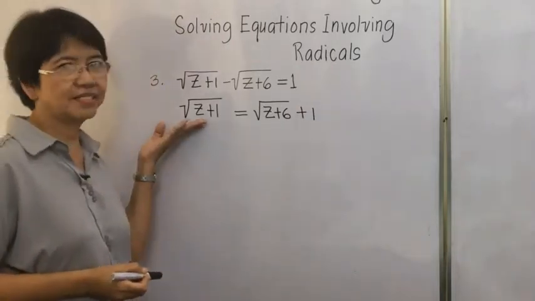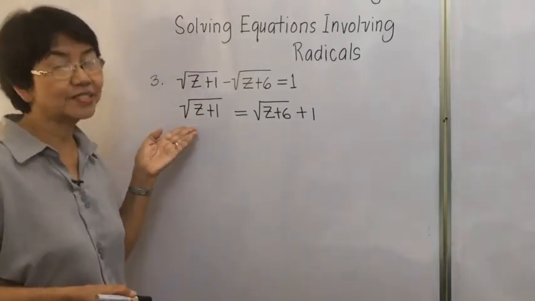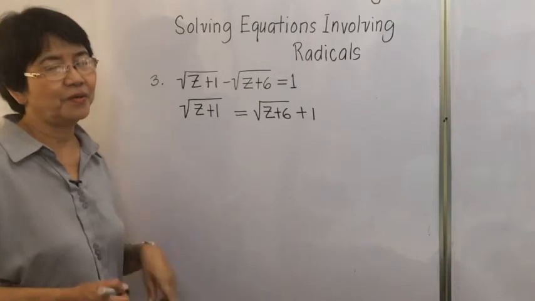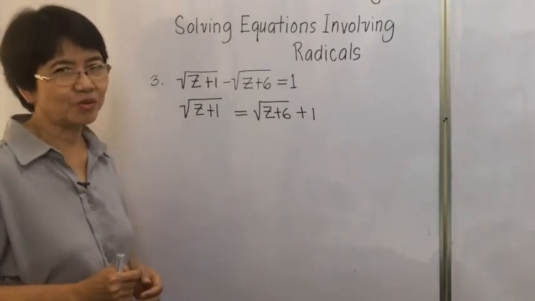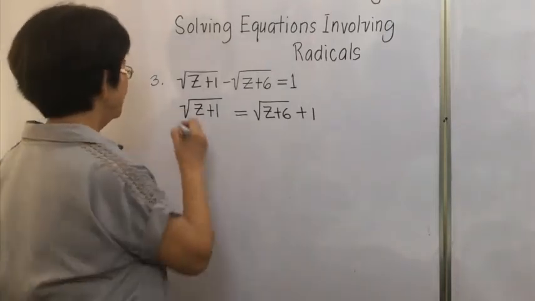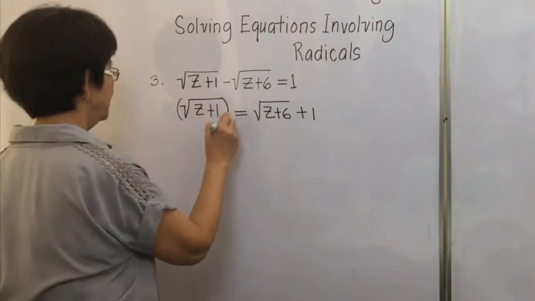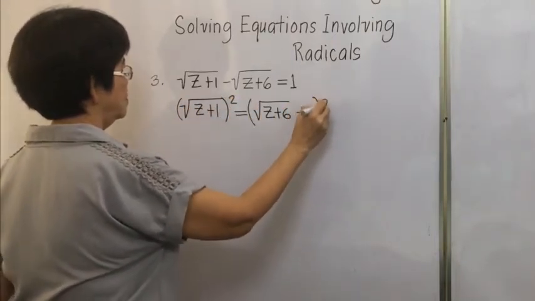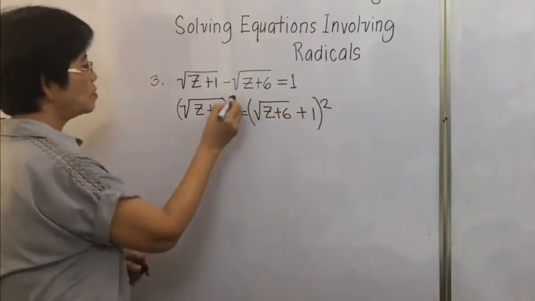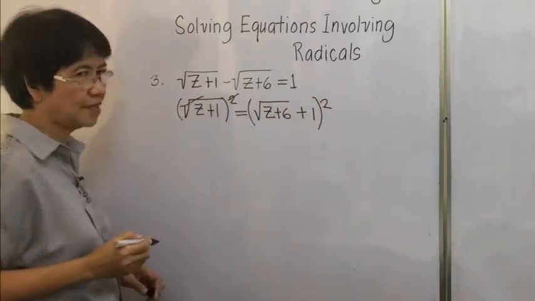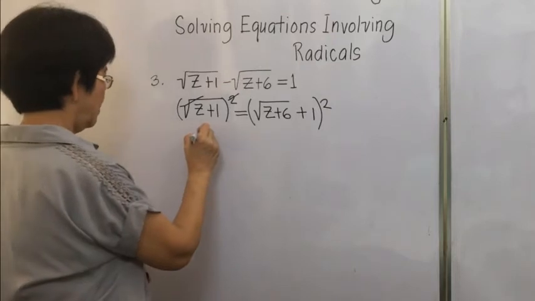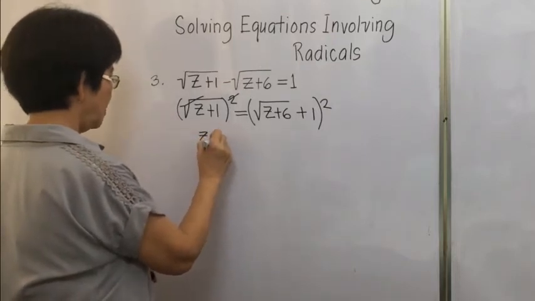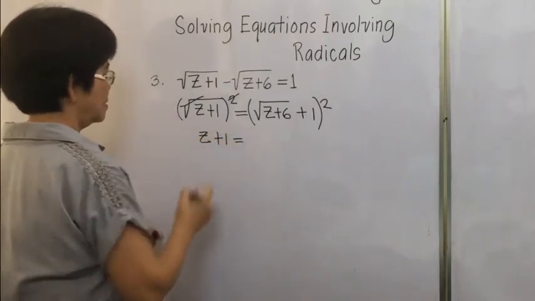So we have isolated one radical on one side of the equation, then we can square both sides. Squaring both sides, we cancel the radical here, and we have z plus 1 equals.